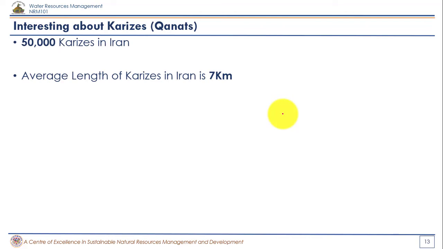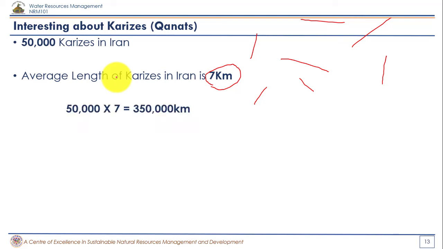In Iran itself, there are 50,000 Karizes, and each Kariz has an average length of 7 kilometers. You can say this one is 7, this one is 7, 7, 7. If you total all the 50,000 Karizes with an average length of 7 kilometers, you get around 350,000 kilometers of Karizes in Iran.